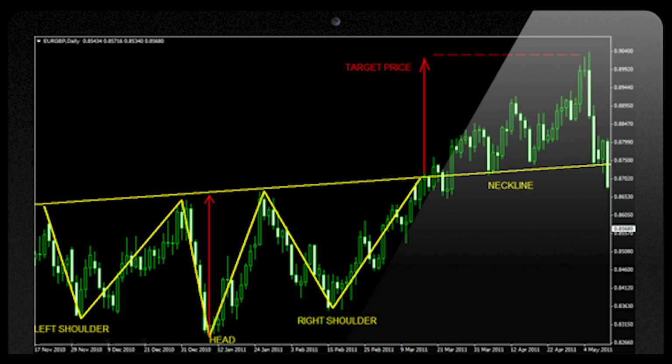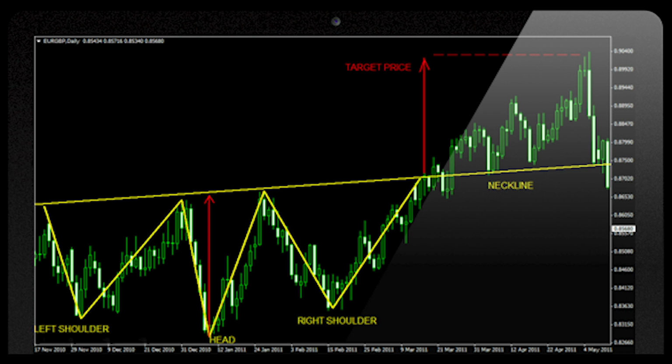Now, price targets. So once we've identified the head and shoulders pattern and confirmed that the trend has reversed, we can also use this pattern to find our target. The method we use here is to take the vertical distance from the head to the neckline. Next, we go to the breakout point on the neckline and project this distance from there. The price target is an approximation of the possible distance that prices will move. Let's look at this example here.